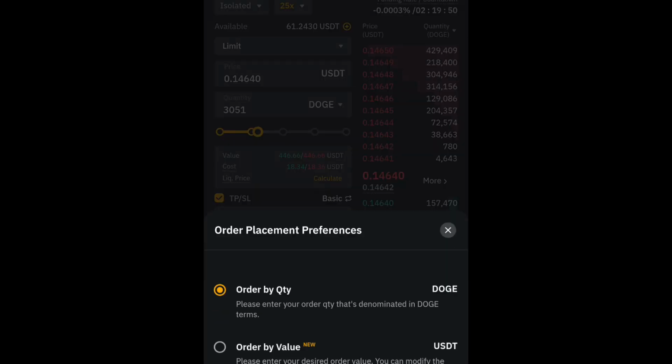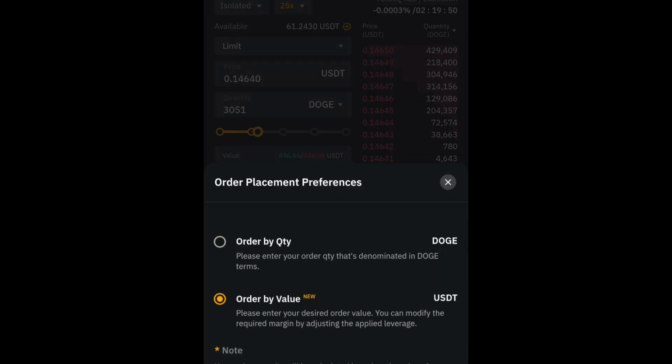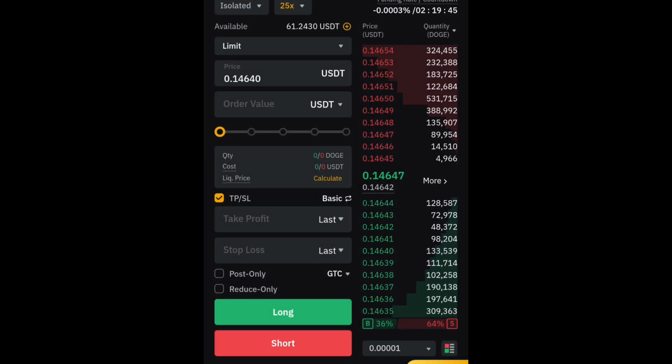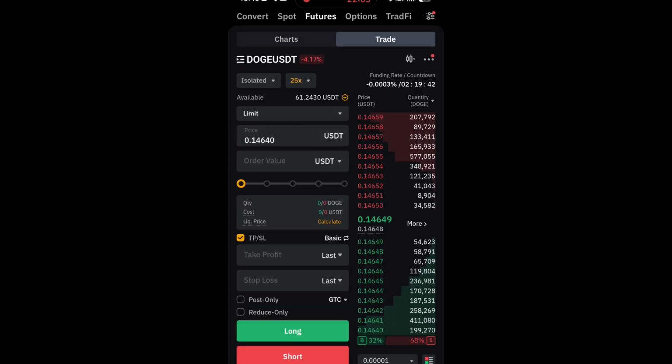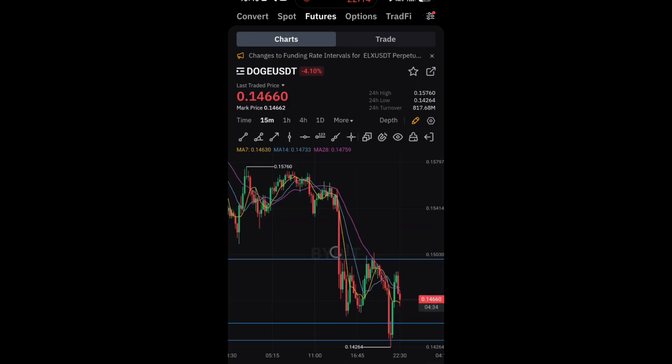Let's change this to USDT. Click on confirm. Then let's say we'll be using 10%. Then let's go back to this place. Let's say we are going into the market right now.